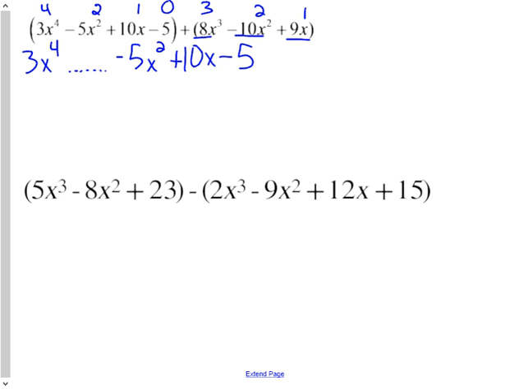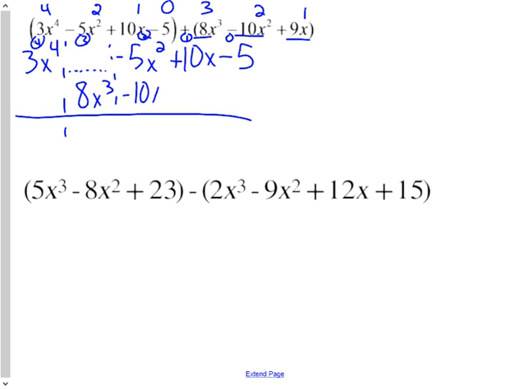So 8x cubed is going to go here. We're kind of counting down, right? This was our 4s, this was our 3s, second degree, first degree, 0 degree. So that's why 8x cubed is under a blank right here, right? We got our columns, minus 10x squared underneath the 5x squared, plus 9x under the 10x, and then there's nothing under the minus 5.